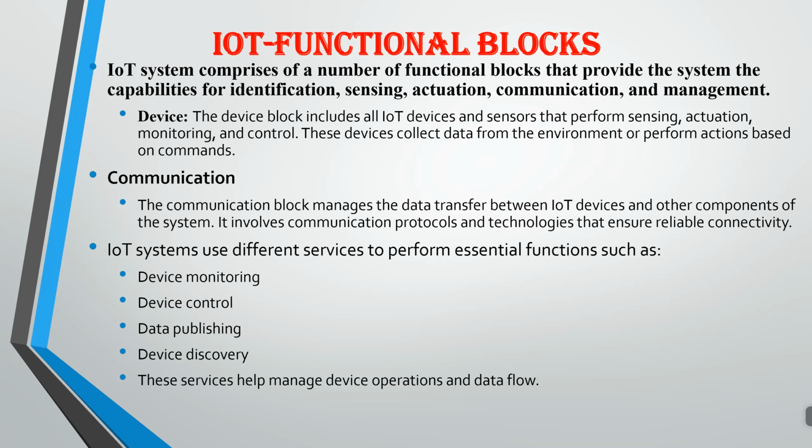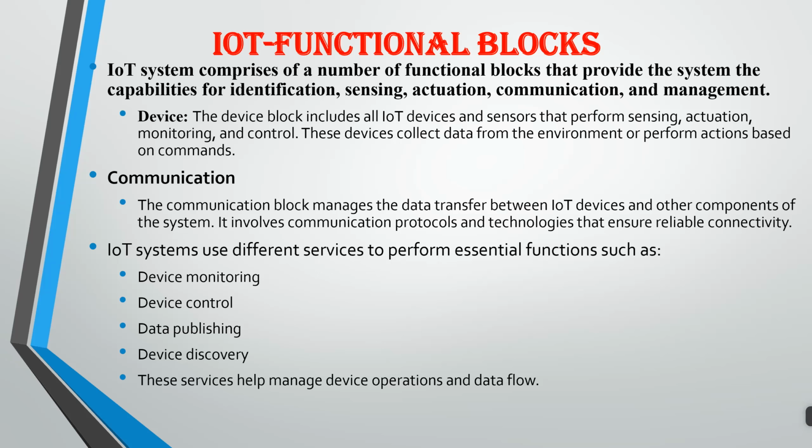IoT is a system. It's not a single device. It's a complicated system. What does it contain? The system contains certain devices for identification, certain devices which are used for sensing, then actuation. All these things should be communicated over the internet.